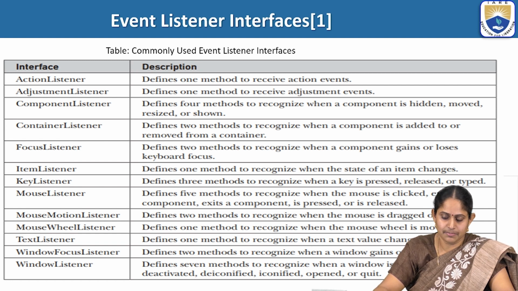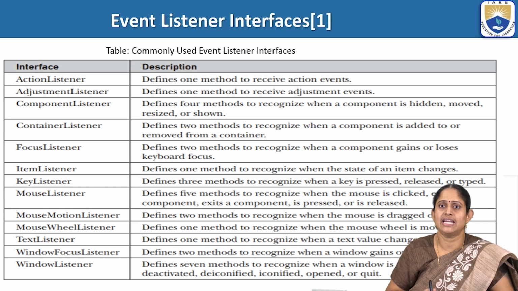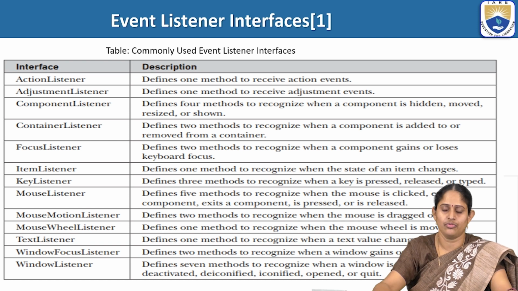The key listener defines 3 methods to recognize when a key is pressed, released, or typed. Mouse listener defines 5 methods to recognize when the mouse is clicked, enters a component, exits a component, or is pressed or released. The mouse motion listener defines 2 methods to recognize when the mouse is dragged or moved.